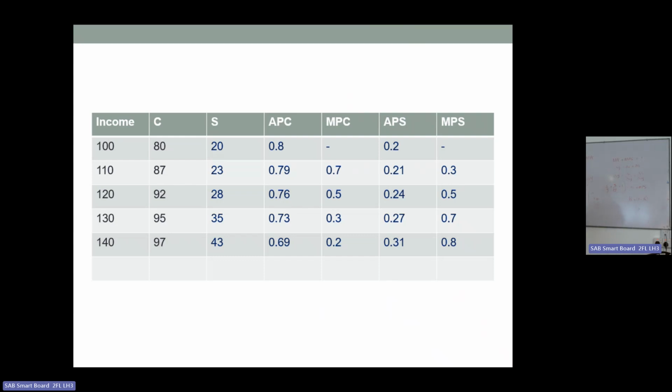That means we allocate more to savings. So when income increases, the share of consumption decreases while savings increase. These are the concepts that Keynes used in order to explain consumption behavior: average propensity to consume, marginal propensity to consume, APS and MPS.